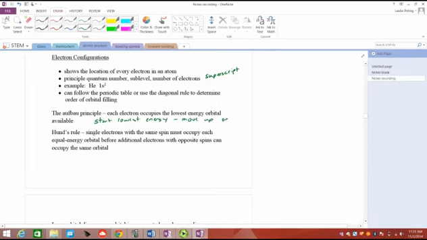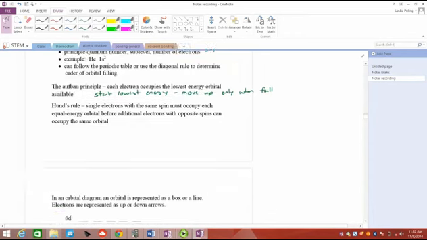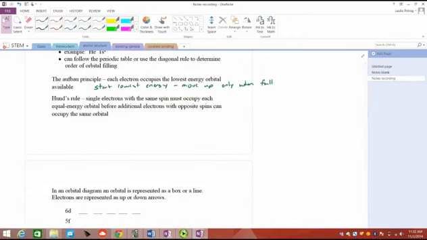You move up only when one energy level is full. We also have Hund's rule. Single electrons with the same spin must occupy each equal energy orbital before additional electrons with opposite spins can occupy the same orbital. Okay? So let's look at an orbital diagram, and those will make sense.